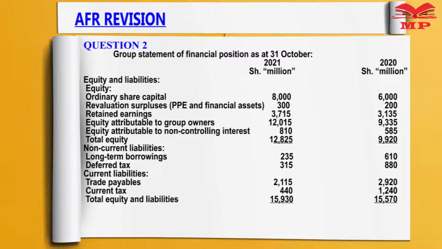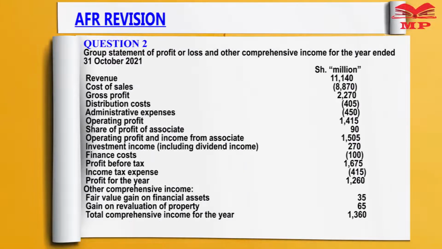From there we have the non-current liabilities, which include the long-term borrowing and deferred tax. And then we have the current liabilities, which include the trade payables and current tax, and then we have the total equity and liabilities. From there, we have the group statement of profit or loss and other comprehensive income for the year which ended 31st October 2021.